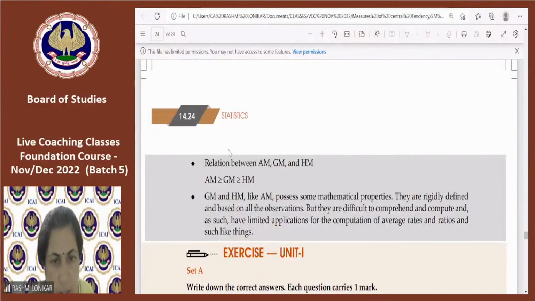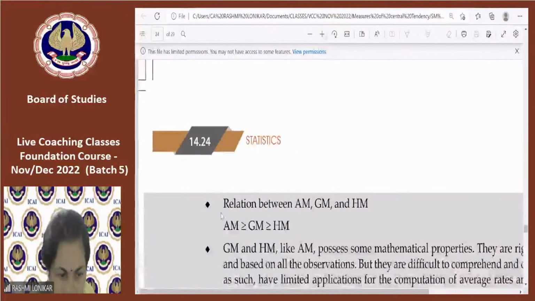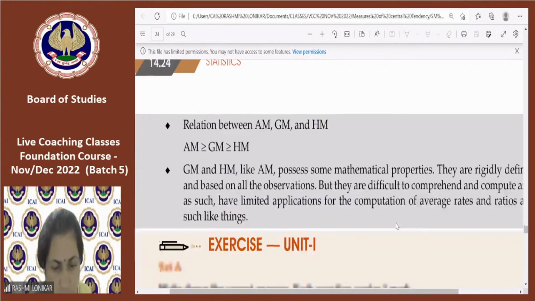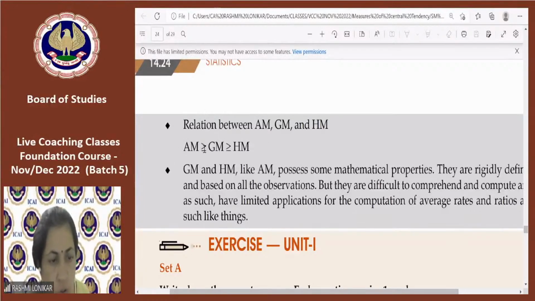Okay, this is the relation. AM is greater than or equal to GM is greater than or equal to HM. GM and HM possess mathematical properties, but this is the relation between these three.